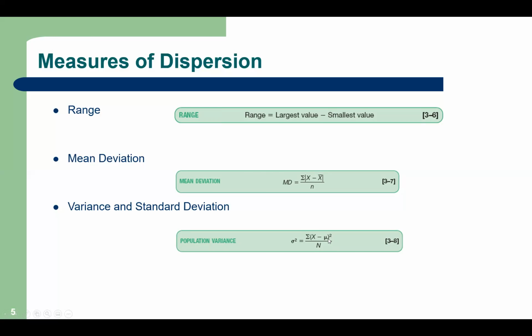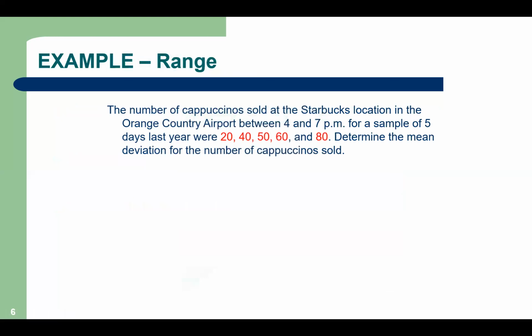And how do we calculate standard deviation? We just take the square root of this formula and we get the standard deviation. Now I will explain all these measures of dispersion by example, starting with how we calculate range.